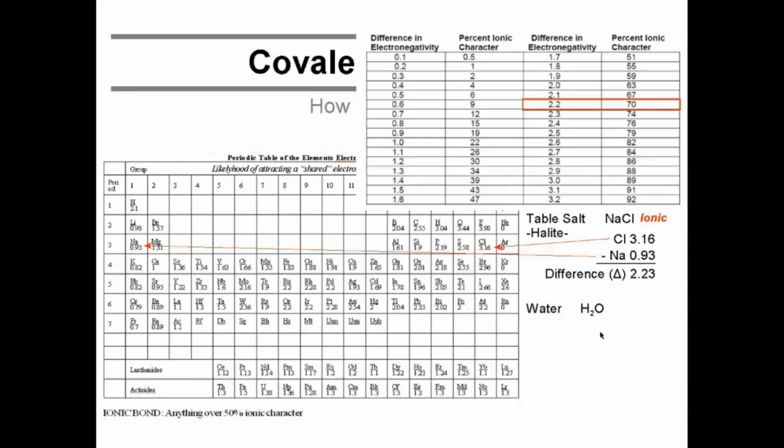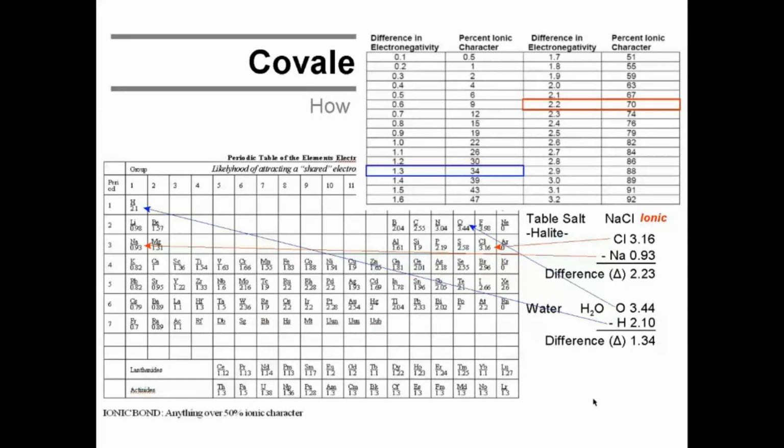H2O. Okay, let's forget about the subscript for a minute. Here is my oxygen, 3.44 again. And I need to subtract the hydrogen, and I ignore the subscript there. My hydrogen is 2.1. I subtract, again, the lower number from the higher number, and I get a difference of 1.34. Okay, up to my table, 1.3 is right there.